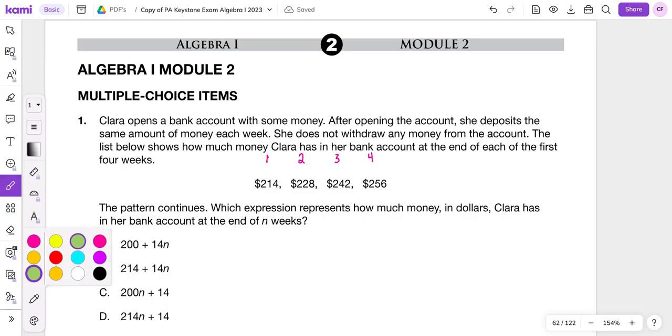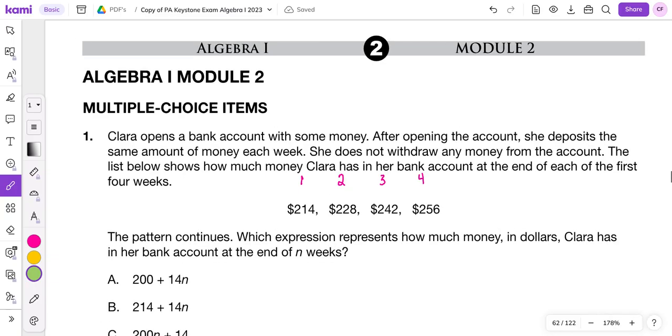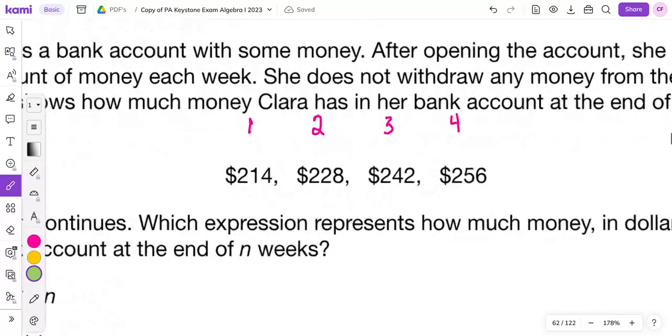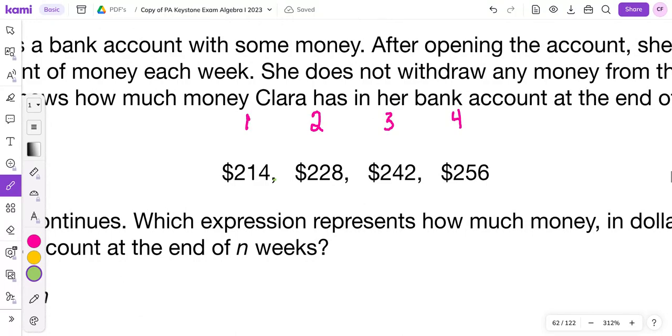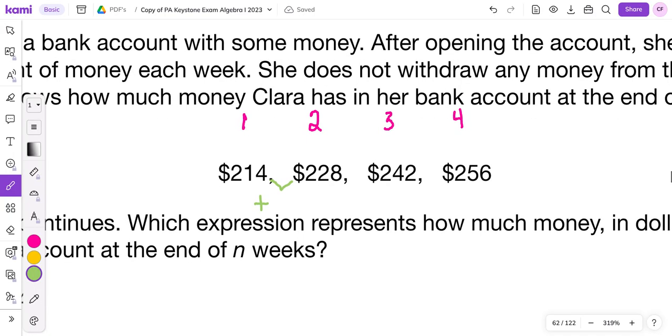Well, besides labeling what we just did above, it is important to figure out what the pattern is. From 214 to 228, this is an increase, so plus 14.